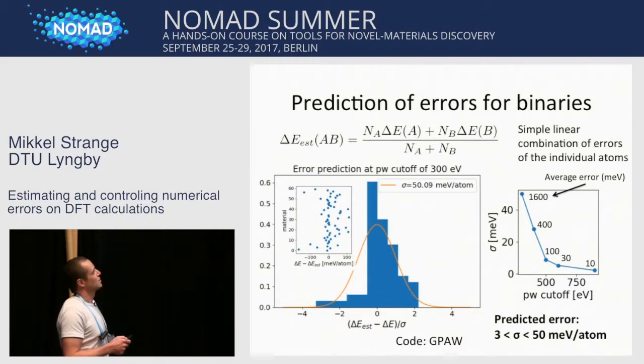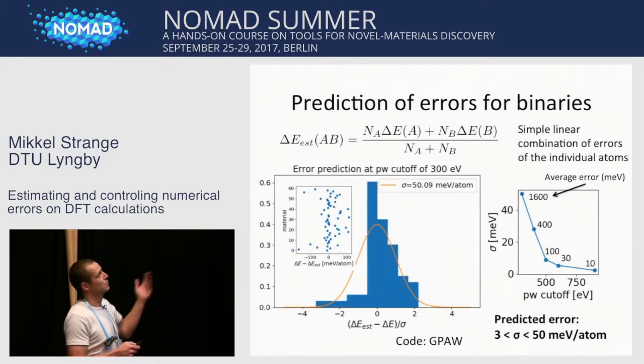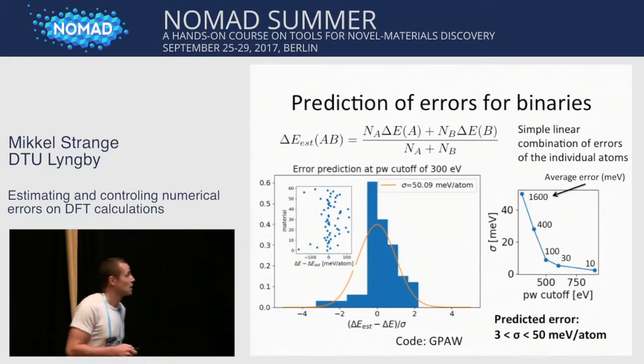But you can also see there are some points that are further away, like 100 millielectron volts away. If you make a histogram of this plot, which is the main figure here, we can assume it's sort of a Gaussian with a standard deviation of 50 millielectron volts in this case. So what does that mean?